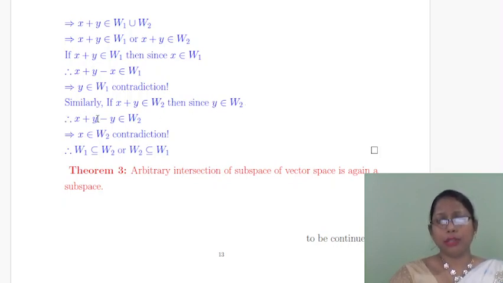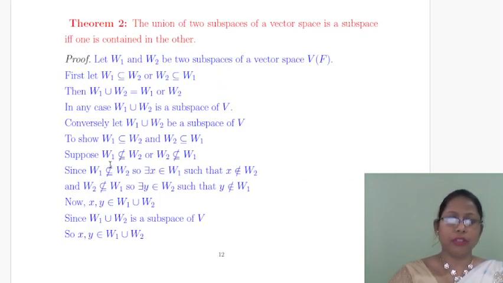Therefore, x plus y minus y, that is x, belongs to W2, because W2 is closed under vector addition. This implies x belongs to W2, which is again a contradiction. This contradiction arises because we have taken W1 is not contained in W2 and W2 is not contained in W1.